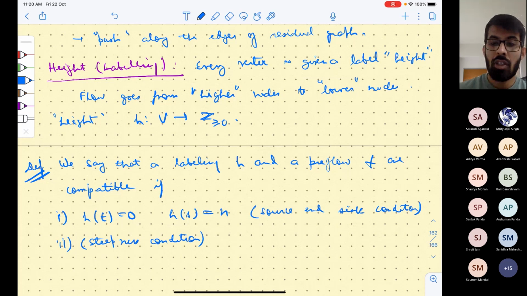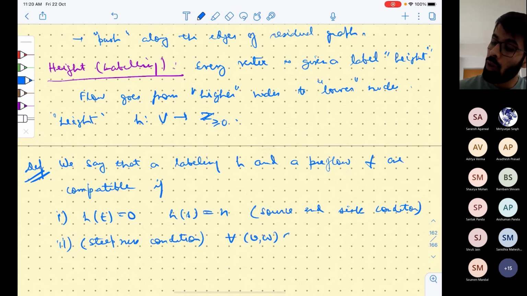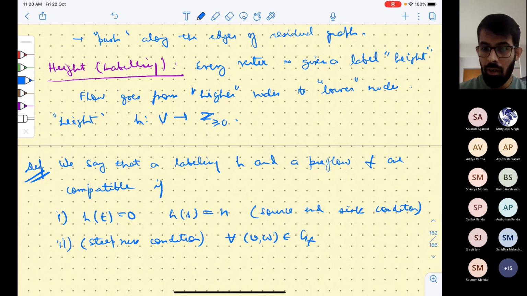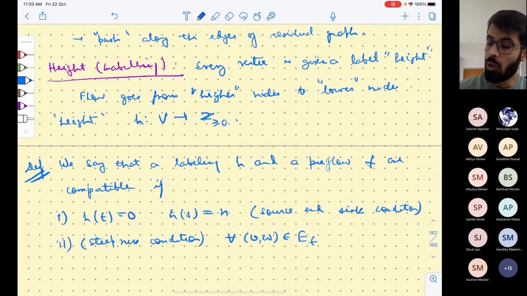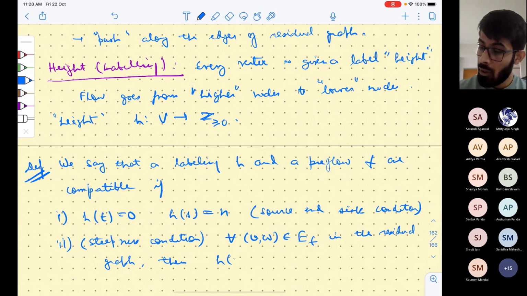What does the steepness condition say? That for all edges (v, w) in the residual graph, or let's say E_f is the edge set of the residual graph, the height difference is at most 1.